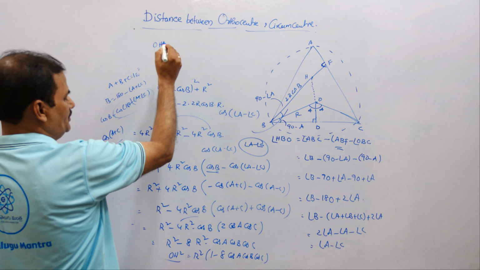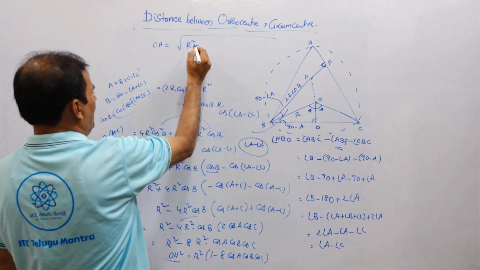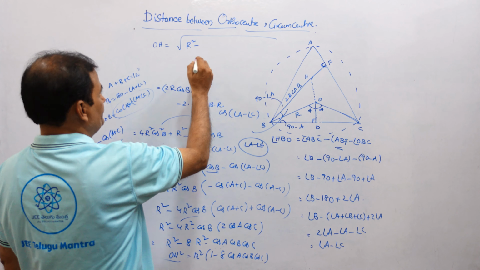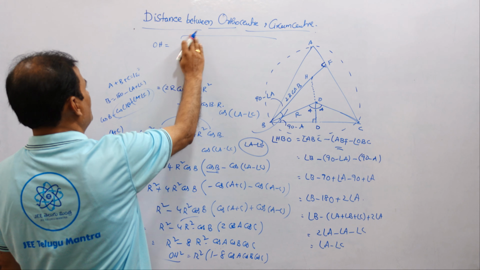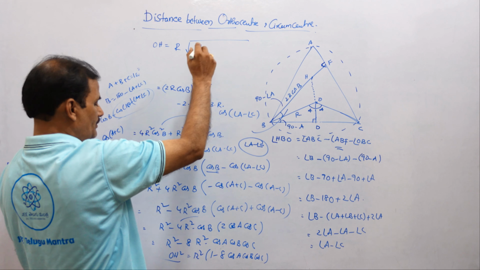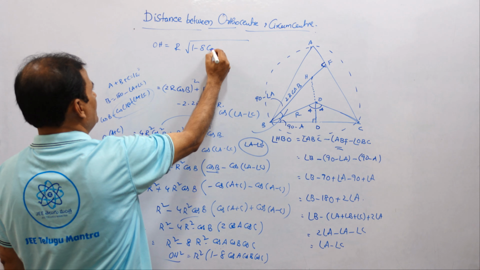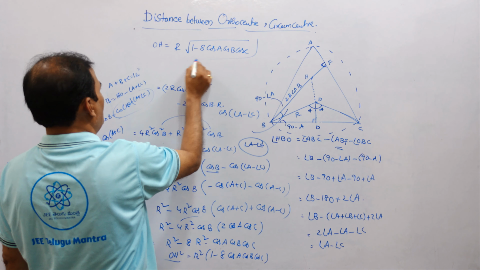OH is equal to the square root of R square times 1 minus 8 cos A cos B cos C, that is R times the square root of 1 minus 8 cos A cos B cos C.